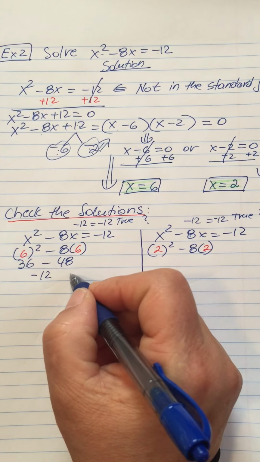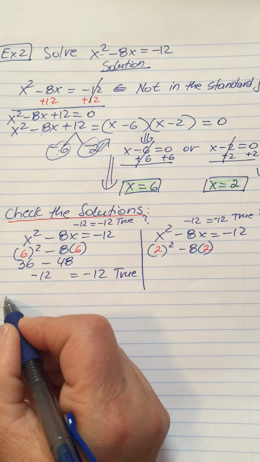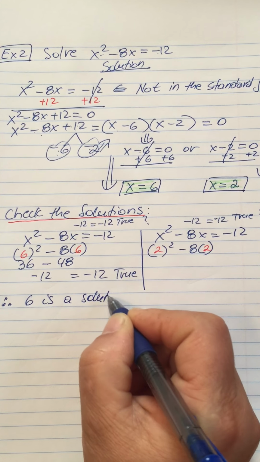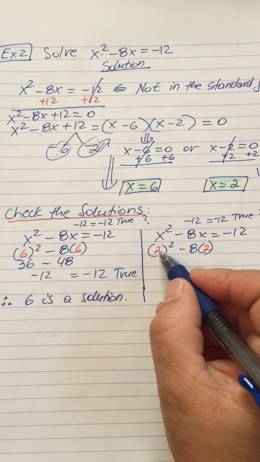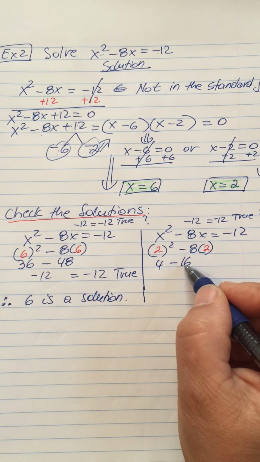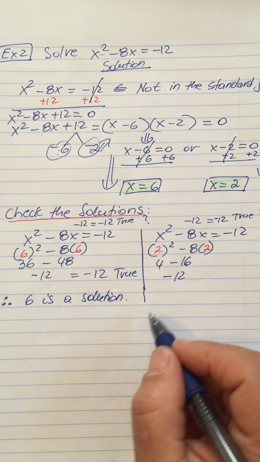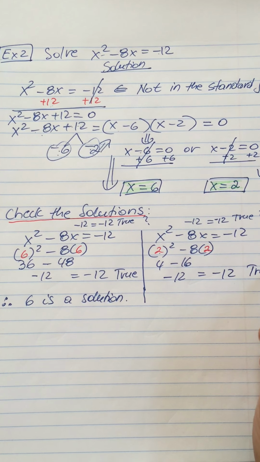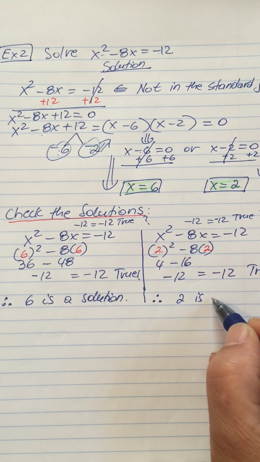As you see, we have negative 12 equals negative 12, true. Therefore, 6 is a solution to the equation. And what do we have here? We have 2 squared, 4, minus 8 times 2, 16. And we know, subtract from 16. 4 minus 16 is 12, negative because we keep the sign of 16. So the left side becomes equal to the right side. True statement. Therefore, 2 is a solution.